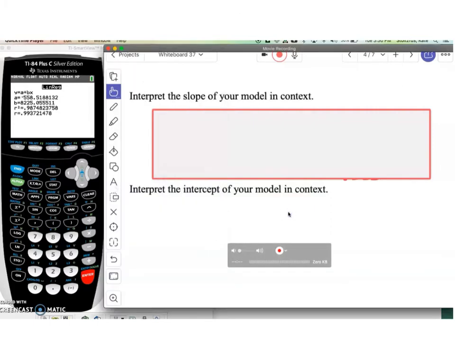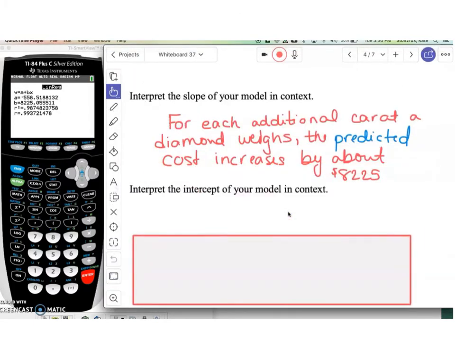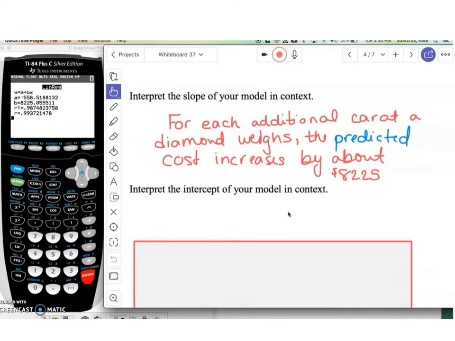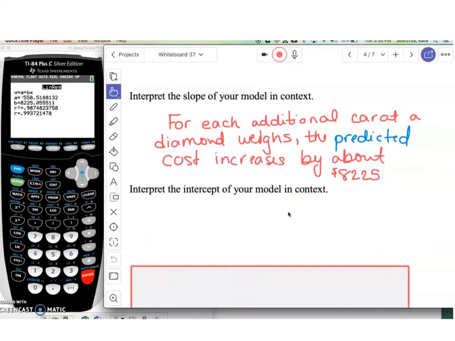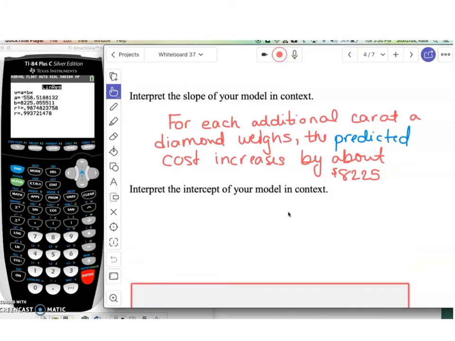So I say, for each additional carat a diamond weighs, the predicted, make sure you use that word predicted, cost increases by about $8,225. And then we need to interpret the y-intercept. So I think about that as a point. It's the point (0, negative $558.52).